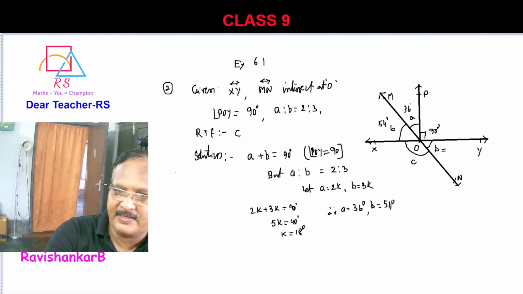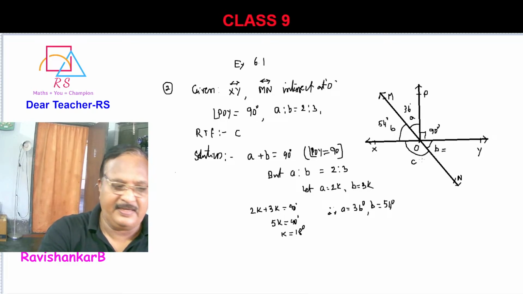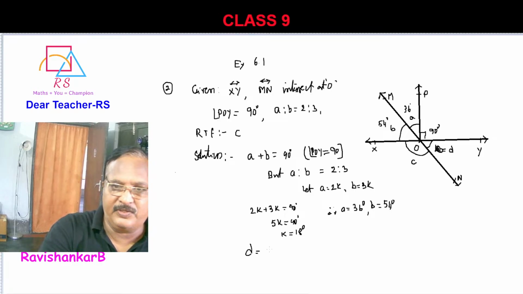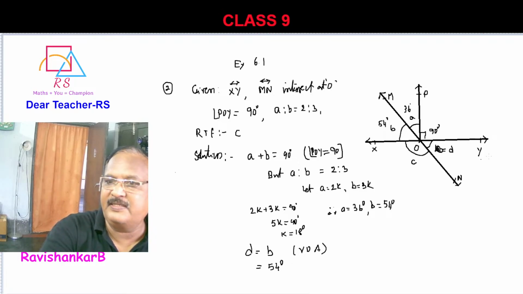I'll write here some letter, let me write D. So D is equal to B, vertically opposite angles, and therefore D is also equal to 54 degrees.